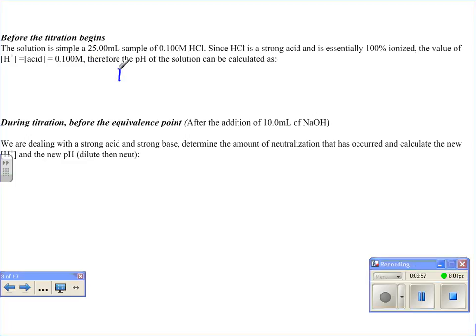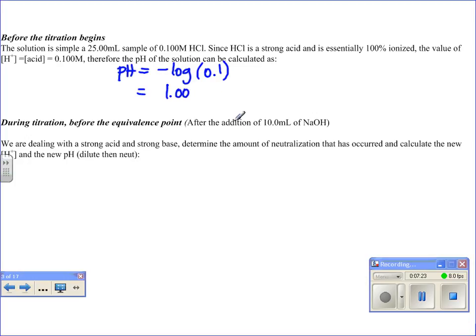So for this solution, the pH is simply the negative log of the concentration of H plus, which is 0.1. Initially, the pH of the solution is 1, which, if we look at the table associated with the curve, matches.